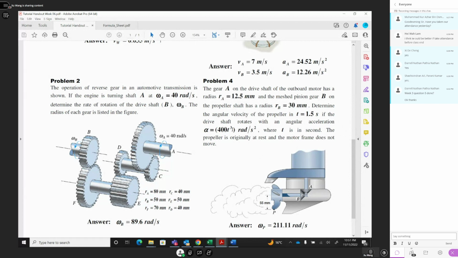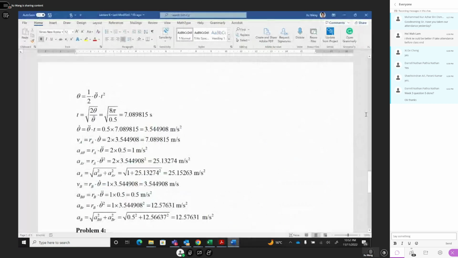This is the angular velocity of the driving shaft. But we know there are two gears in mesh. Mesh has a formula, so we start from the mesh formula.